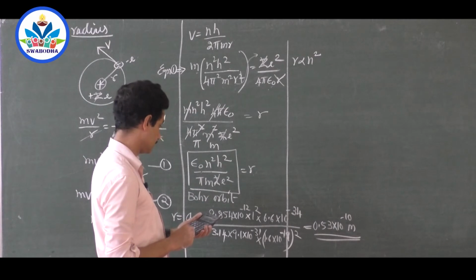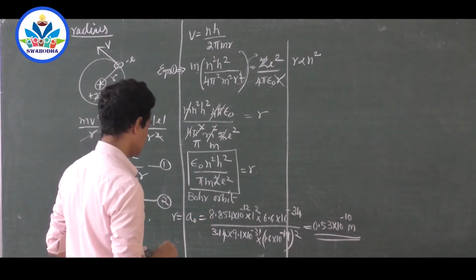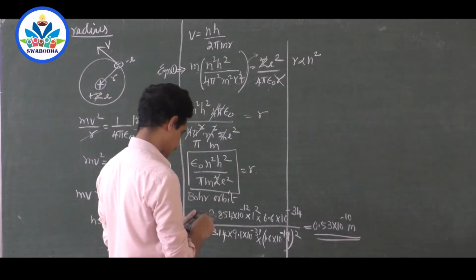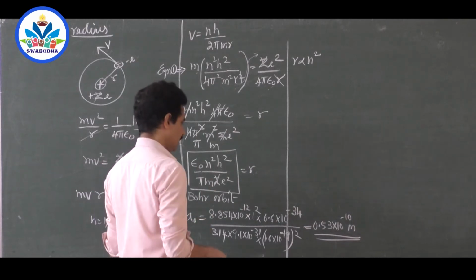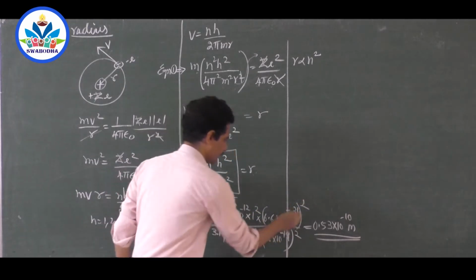We don't know where we have gone wrong. Epsilon naught n square h square. Oh, h square. That means you have to multiply it by 6.6 again. Yes, you get this. Check it yourself. You get this?